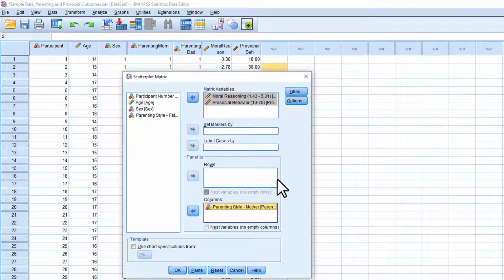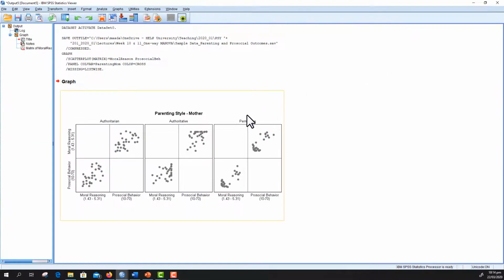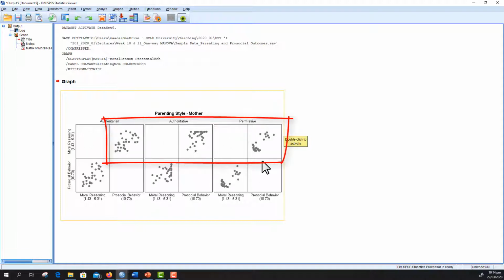We don't need to change any of the settings. Click OK. And then you have your scatter matrix. So we only need to check either the one on the upper right or the one on the lower left. So let's say we pick the one on the upper right.